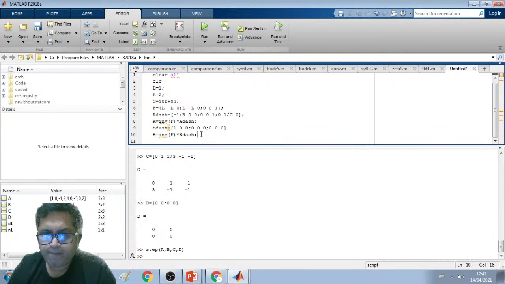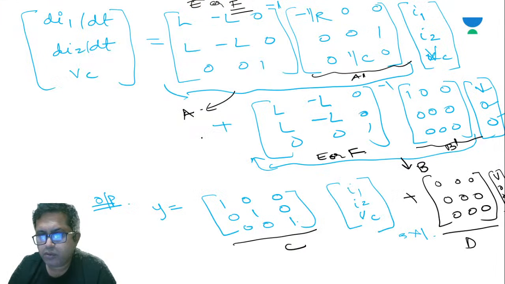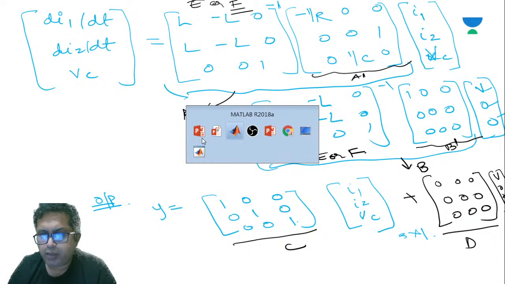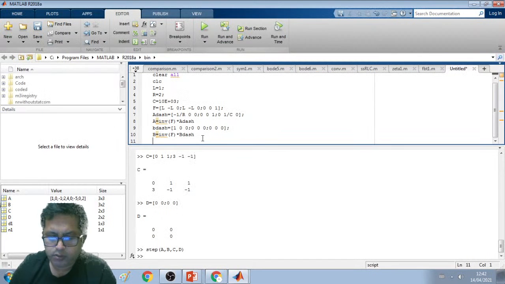Okay, then we get the C matrix. C matrix is nothing but the identity matrix. C is equal to 1 0 0, 0 1 0, 0 0 1.